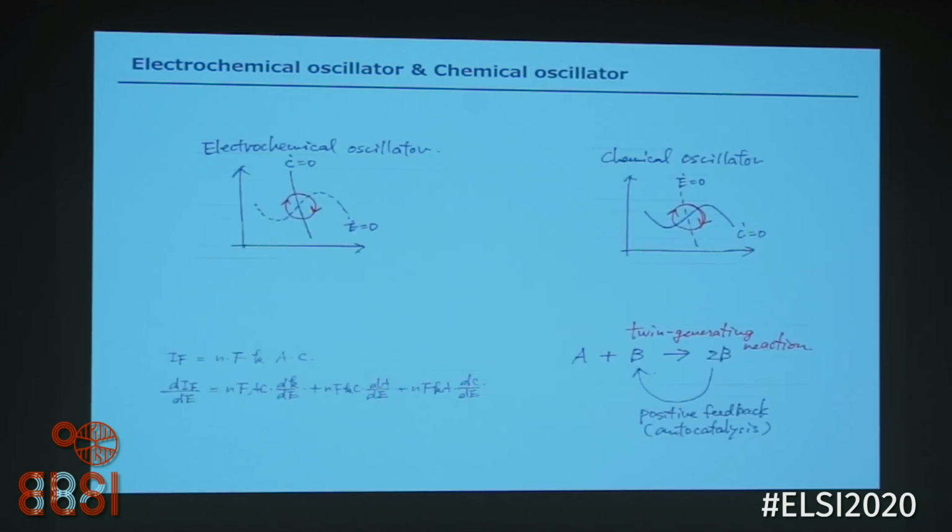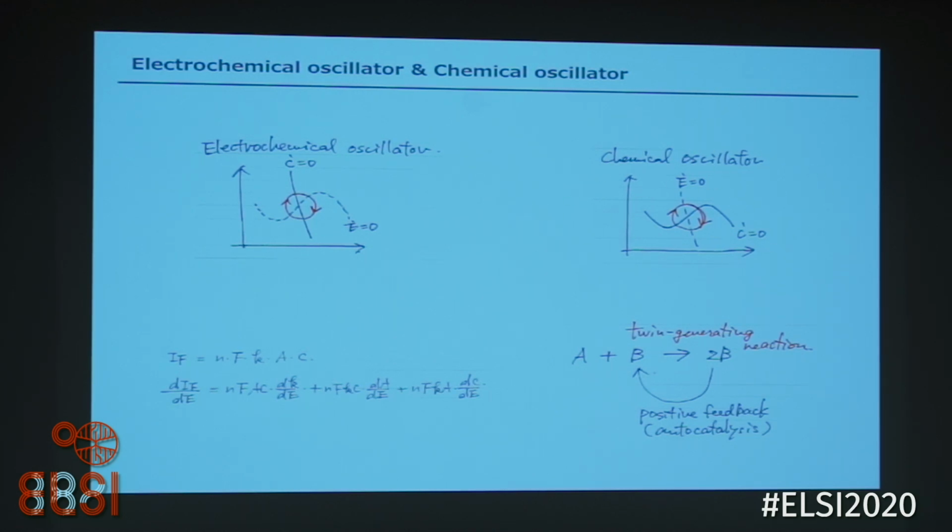So it's almost time. One message is that in electrochemical systems, we have many chances to get oscillation. This is because a negative slope on double layer potential can be easily obtained in electrochemical systems. But another possibility is a negative slope on concentration, not on double layer potential.